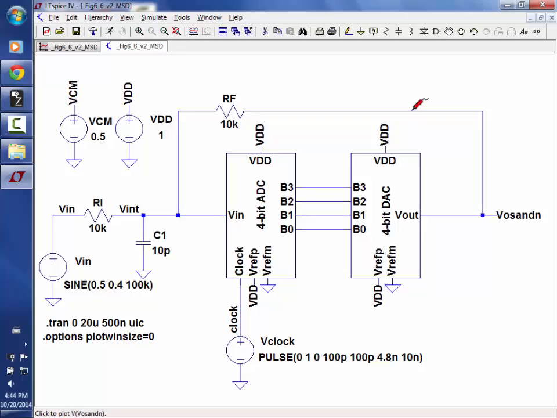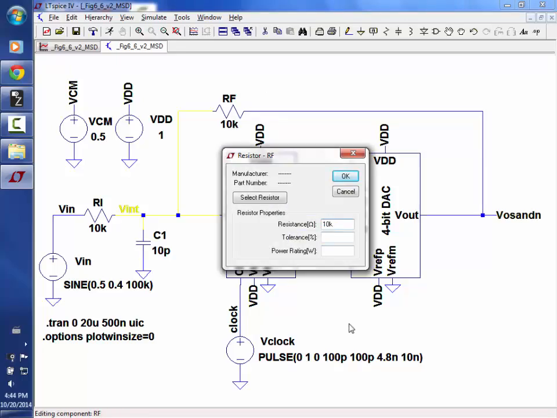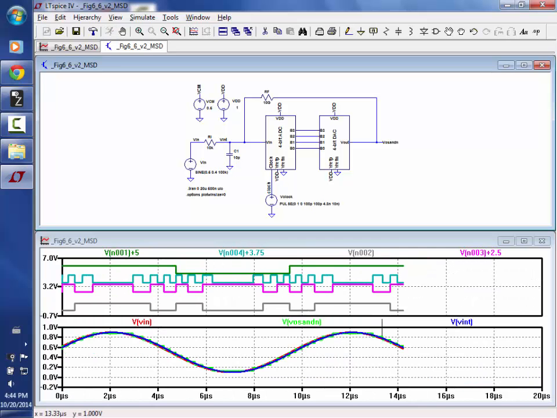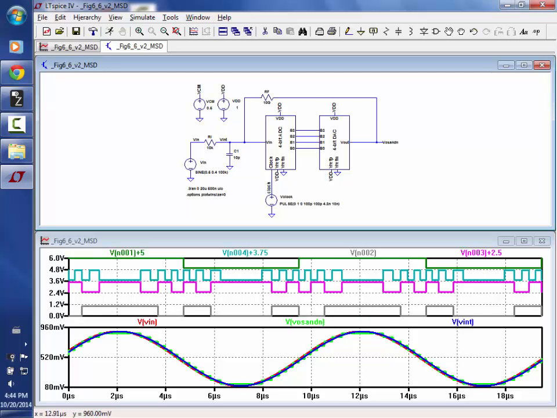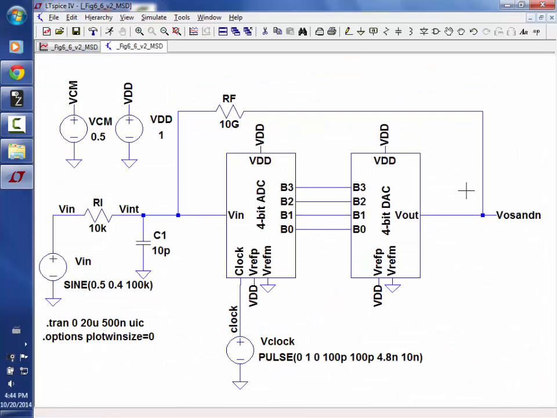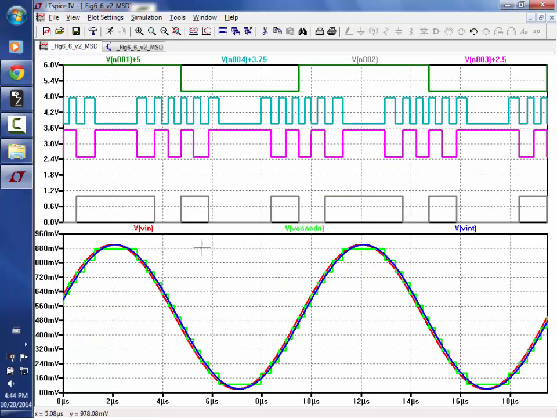Is this resistor? Okay, there's that. If you have the same thing, you understand there's no noise shaping. It's not even like this resistor's in there. Here, I'll show you. If I go 10 gig, so basically the resistor's not in there, and I rerun the sim, it's exactly the same. That's not right. You shouldn't be doing that. Does everybody see that? It's no difference.